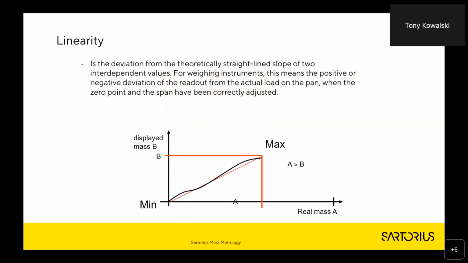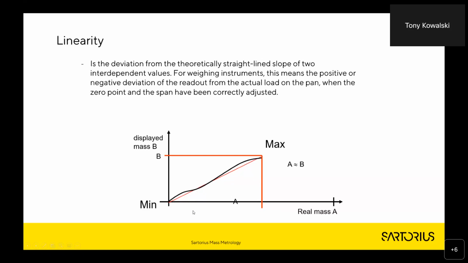So, linearity. Now, in a laboratory balance, the manufacturer will give a maximum value for linearity error. So it could be a positive or it could be a negative. And in this case, we've got what looks like a nice, perfect red line, theoretical, from 0 to the maximum.